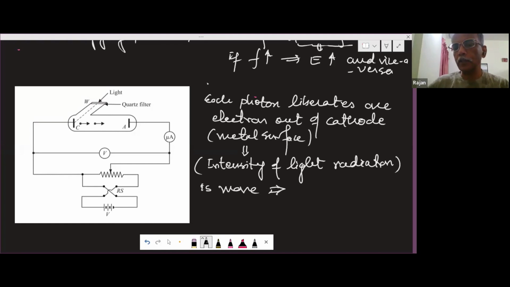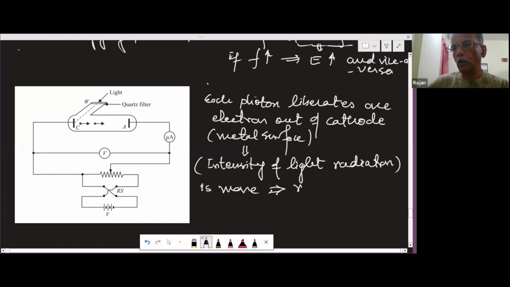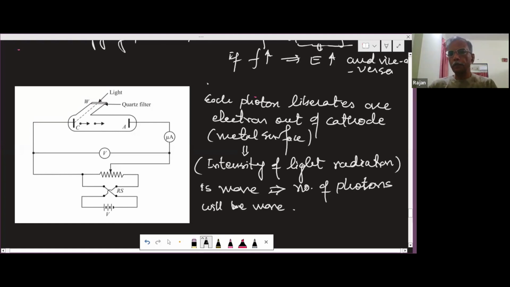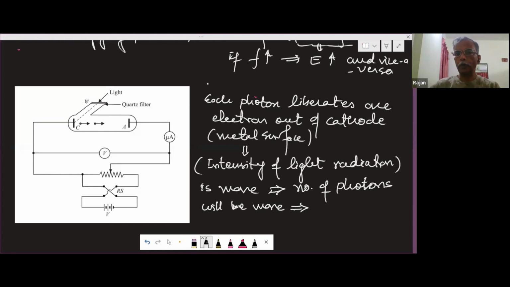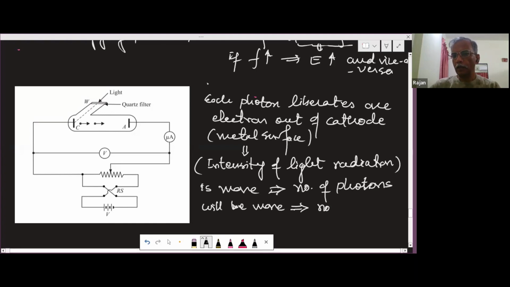If the number of photons is more, the number of electrons liberated out of the cathode, which are known as photoelectrons, will be more.